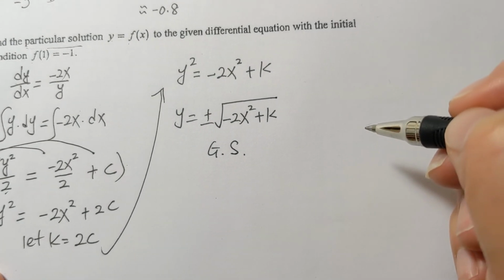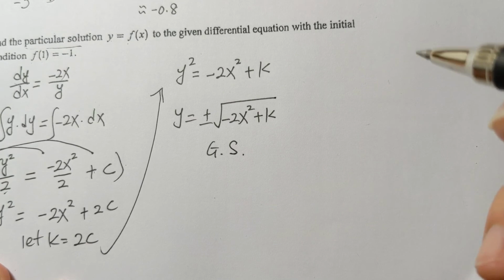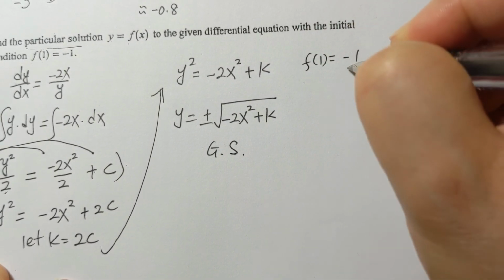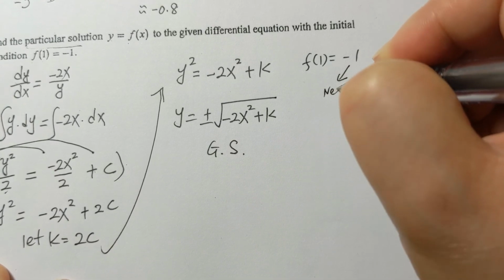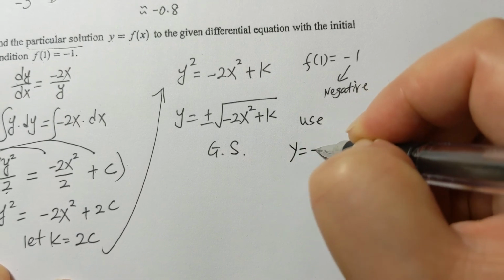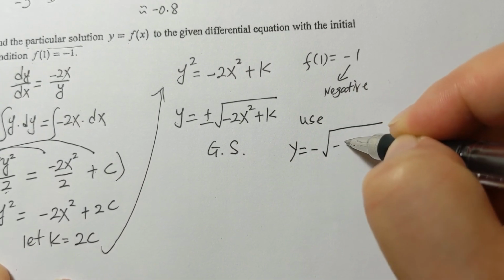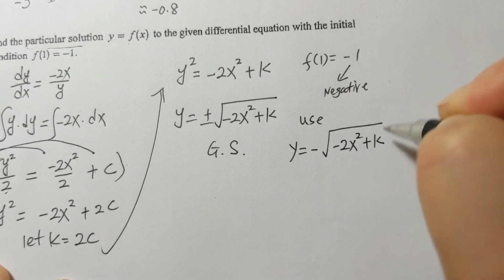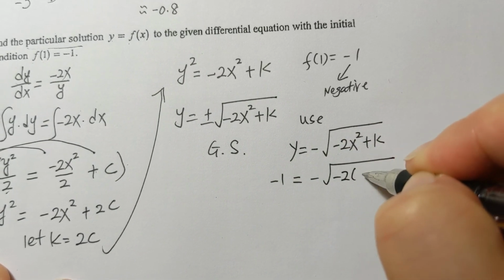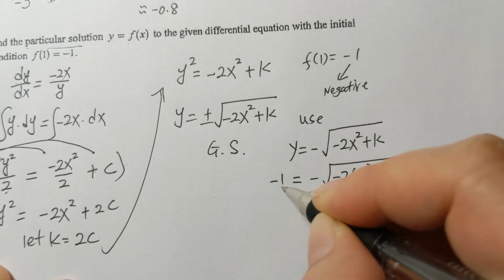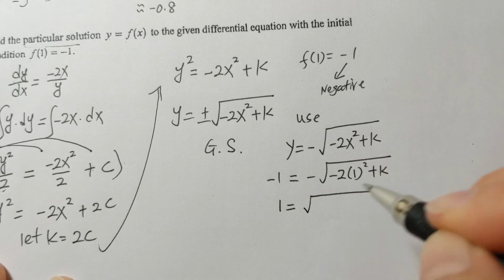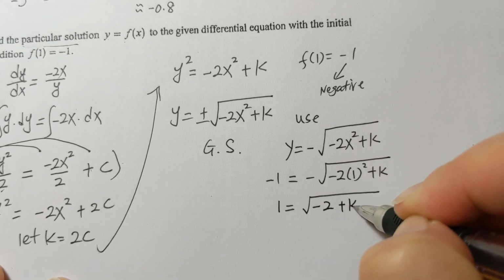After we get the general solution, we still need to find a particular solution. We know f of 1 equals negative 1. Because this is negative, we're going to use y equals negative square root of negative 2x squared plus k. Now we're going to do substitution. Because both sides are negative, we divide by negative. So I get 1 equals the square root of negative 2 plus k.